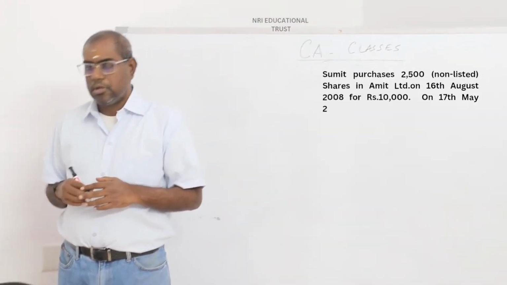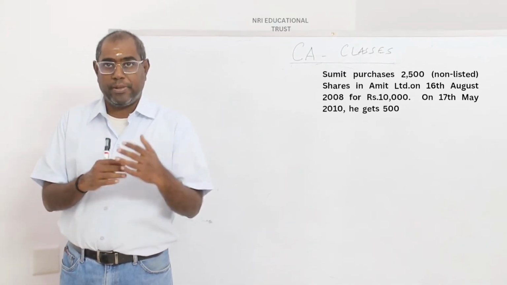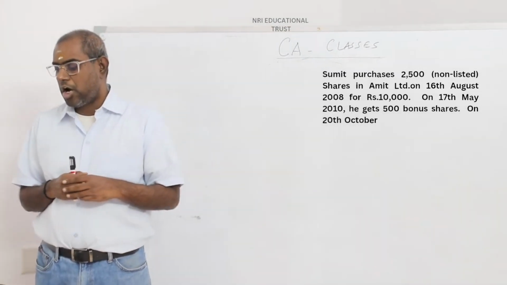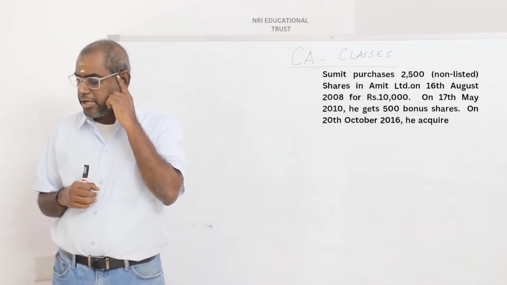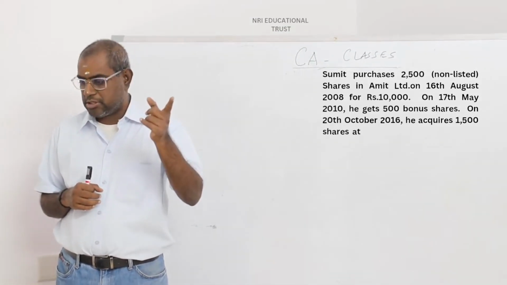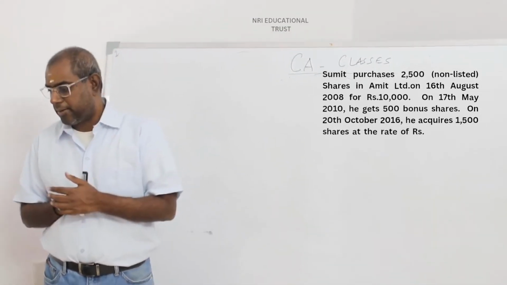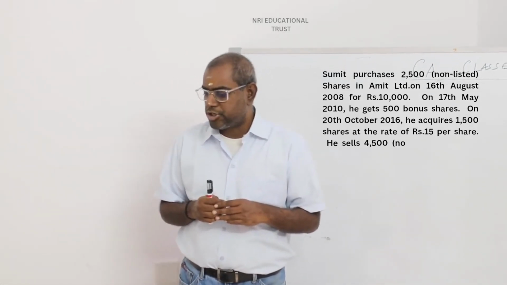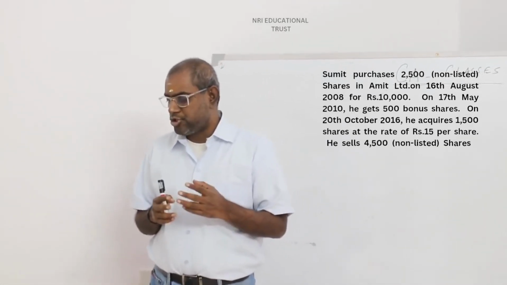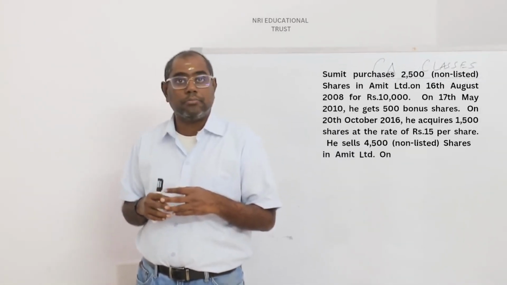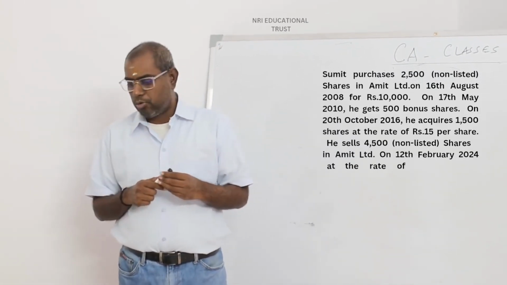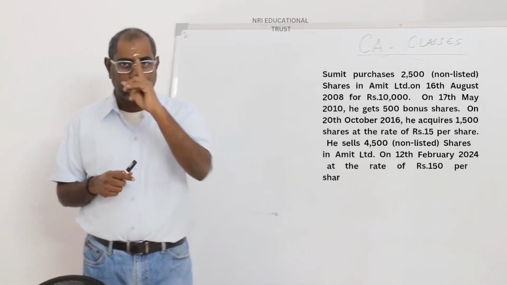10,000. It's a calculation problem, we have to be careful. In 2010 he gets 500 bonus shares. On 20th of October 2016 he acquires 1,500 shares at the rate of 15 rupees per share. He sells all 4,500 shares to Amit Ltd. That means the entire portion has been sold, on 12th of February 2024 at the rate of 150 rupees per share.